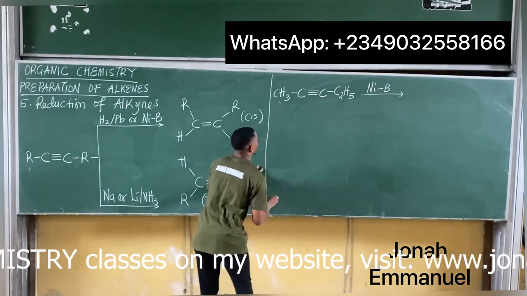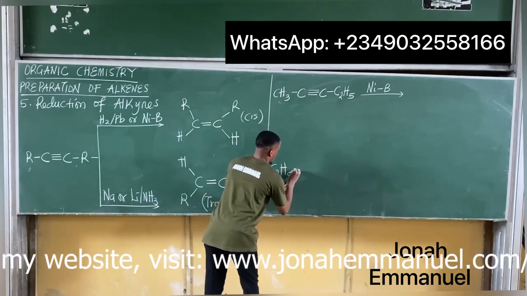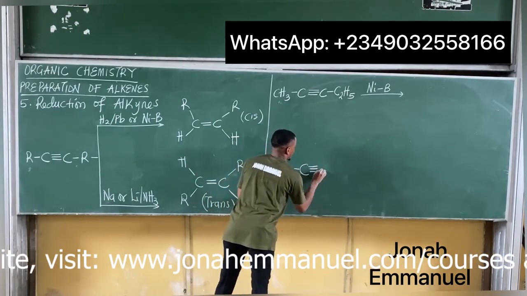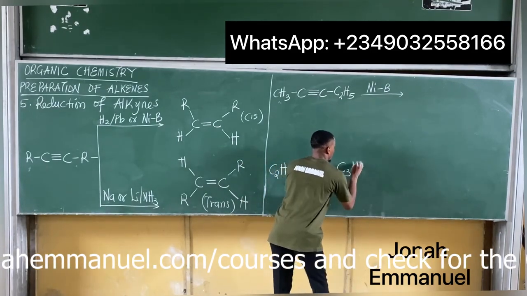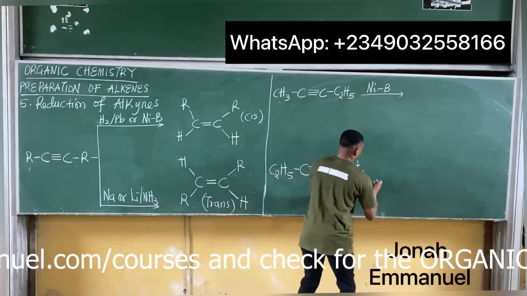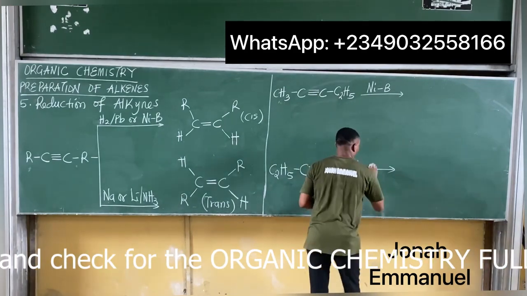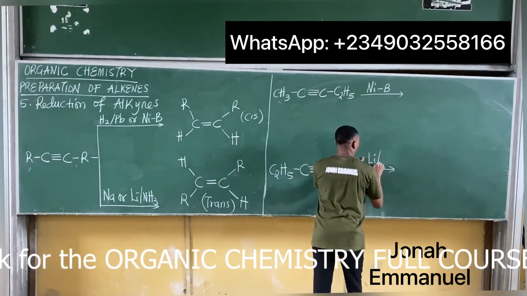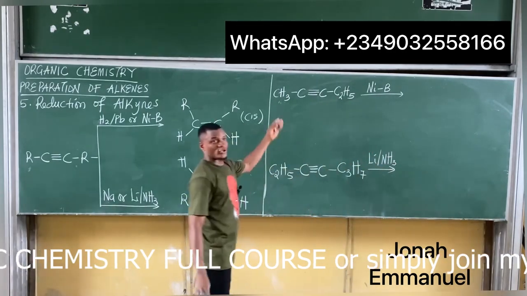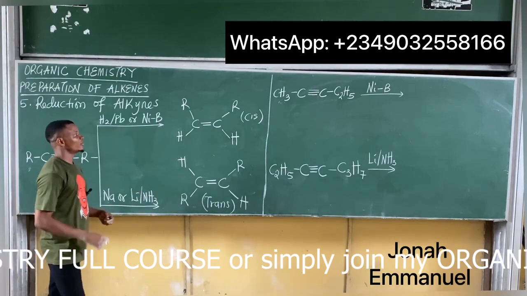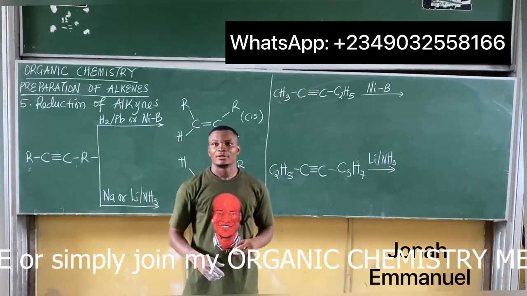At the same time, let's say I have C2H5 combined with C triple bonded C, C3H7, combined with lithium and ammonia. For each of these two, compare and try to get the products and name them, please.